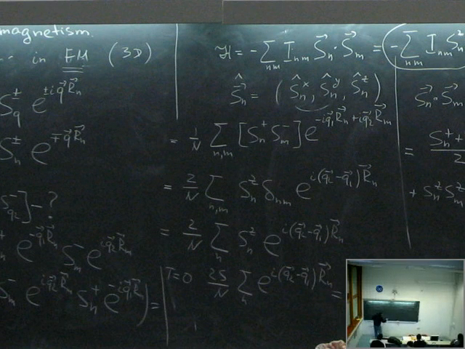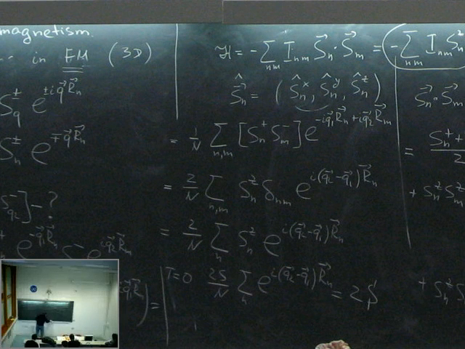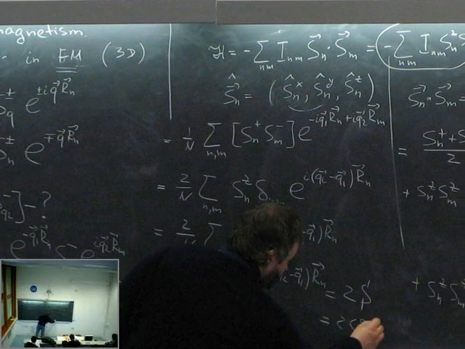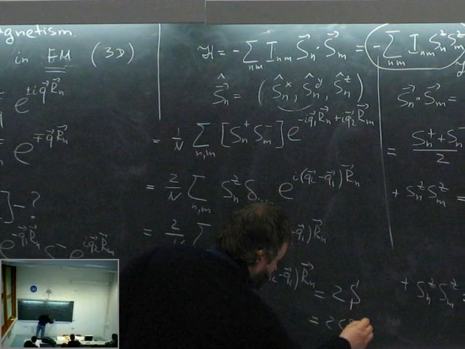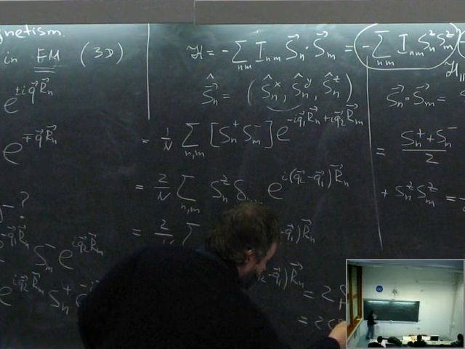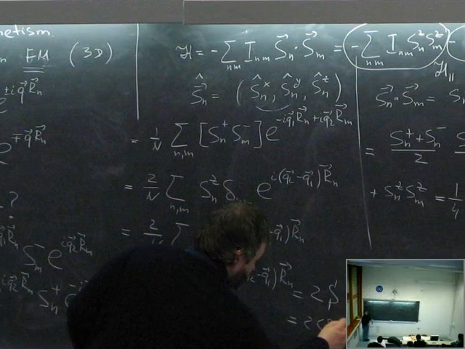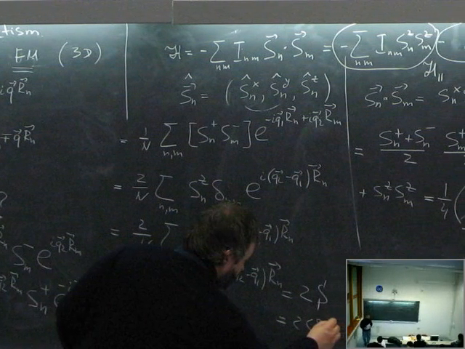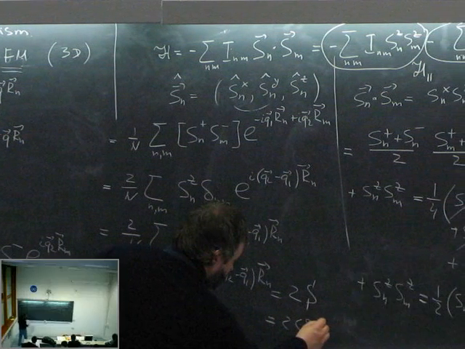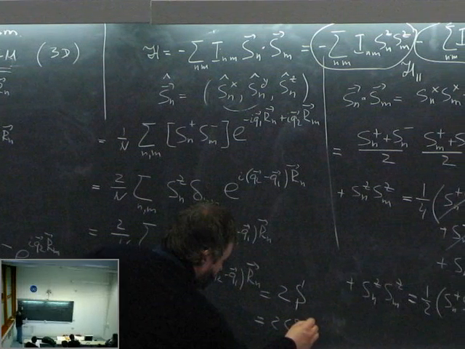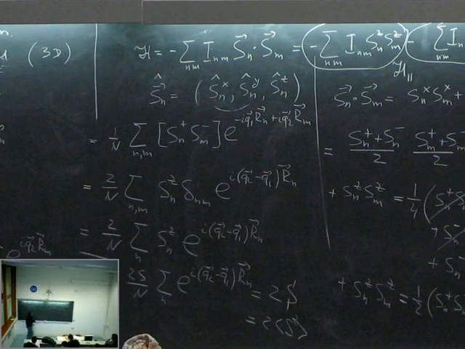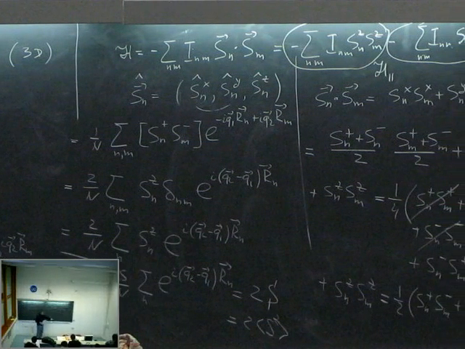However, if the temperature is not equal to 0, what I have to write is something like 2 times the average of S^z. But since the magnetization only slightly deviates from its zero temperature value, I will assume the temperature is low enough to proceed with this approximation.